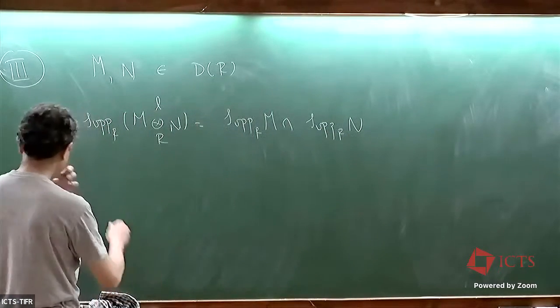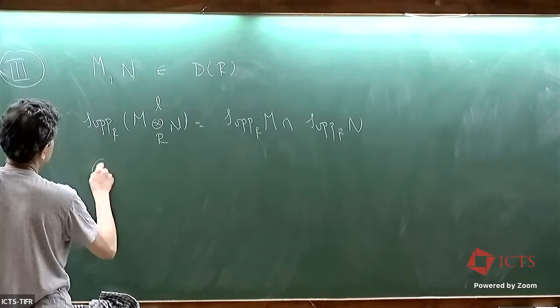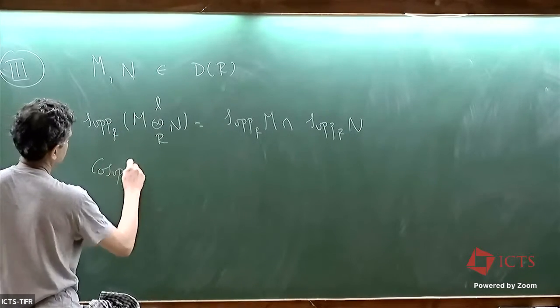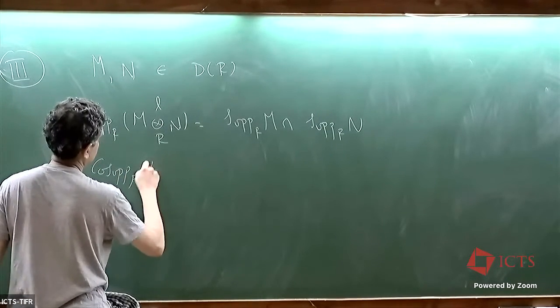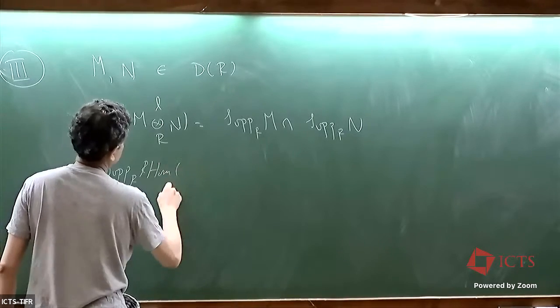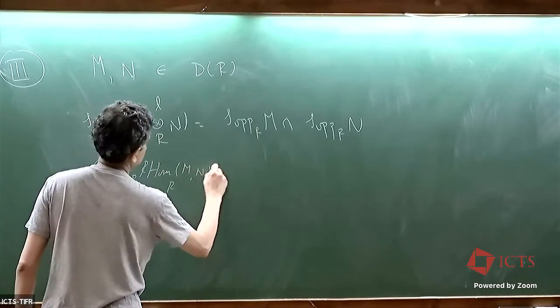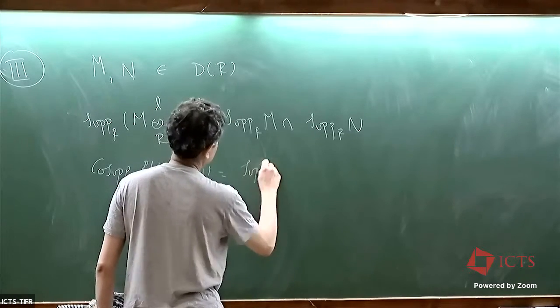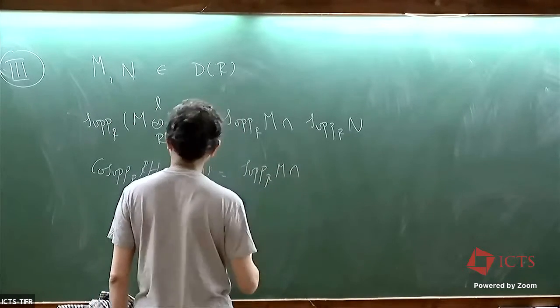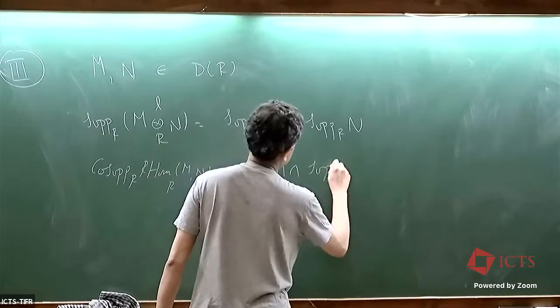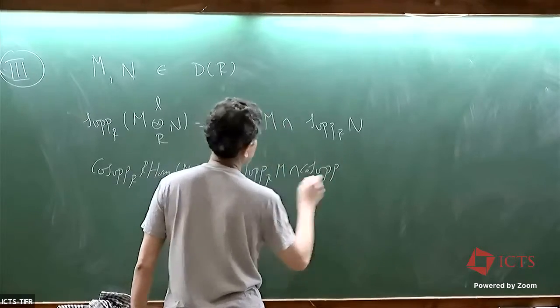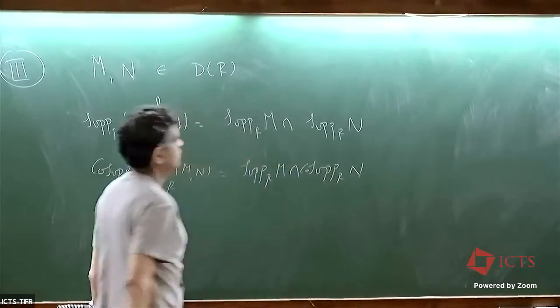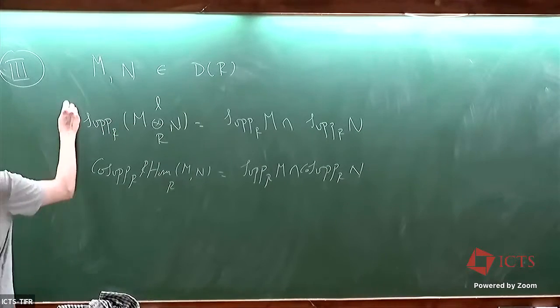And the co-support of the function object is the intersection of the support of M and the co-support of N.